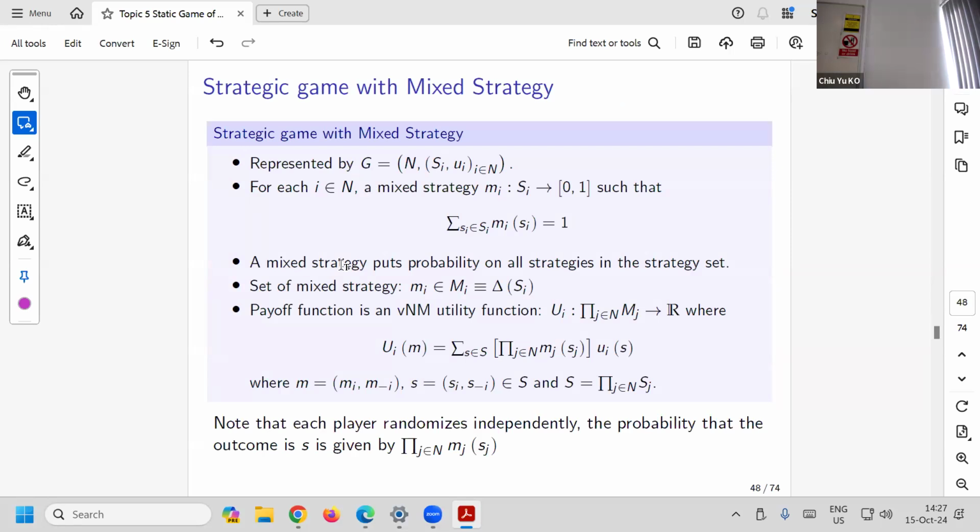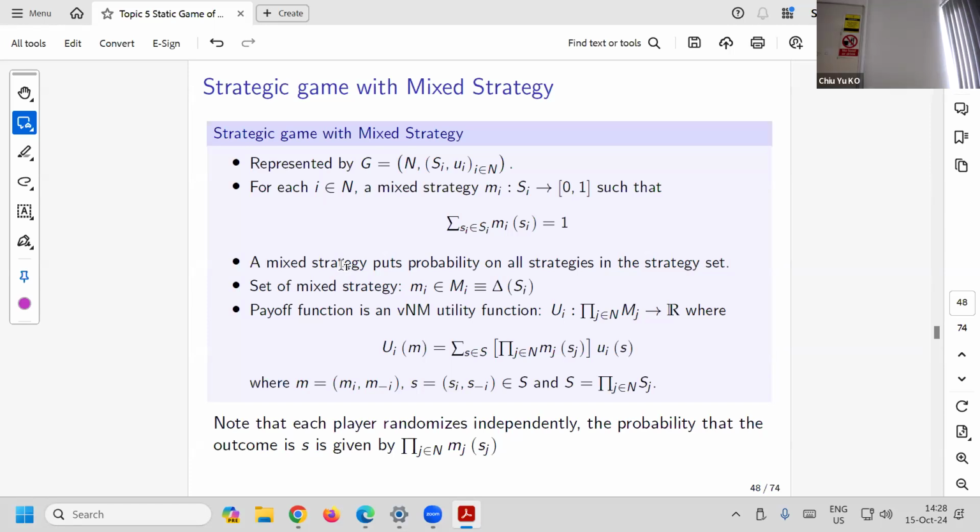You assign a number between 0 and 1, which must add up to 1, to all strategies. So your strategy space, instead of S_i, is the simplex over S_i. That's the usual notation, the simplex of S_i. It's a probability distribution over the strategy space.